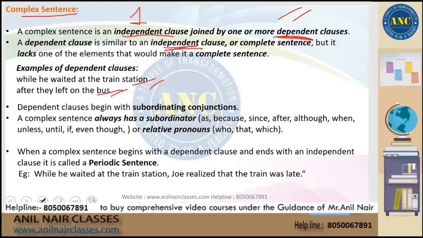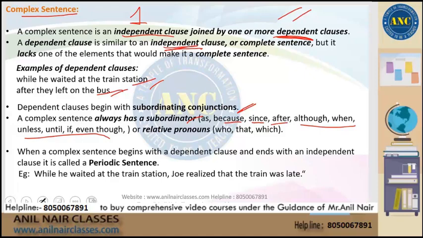Always remember that dependent clauses begin with subordinating conjunctions, also called subordinators. What are these? As, because, since, after, although, when, and so on. And a complex sentence will always have a subordinator. Why is that?